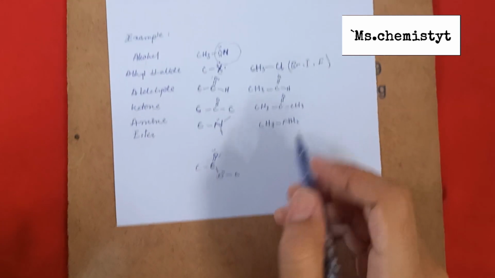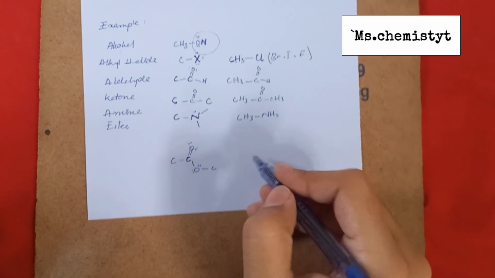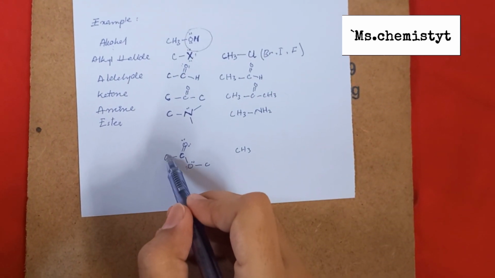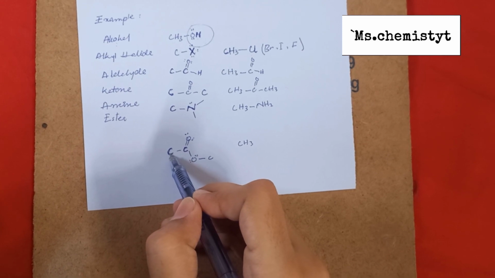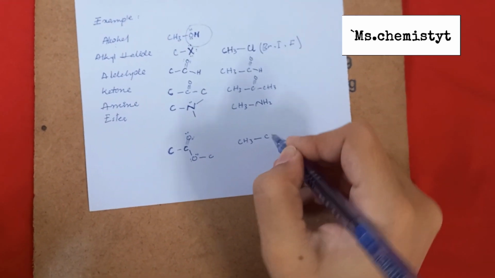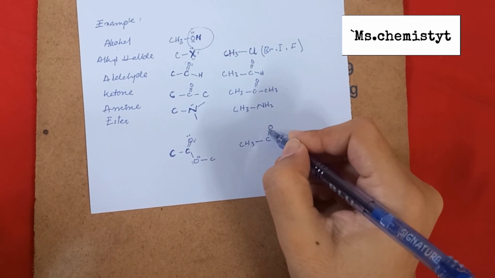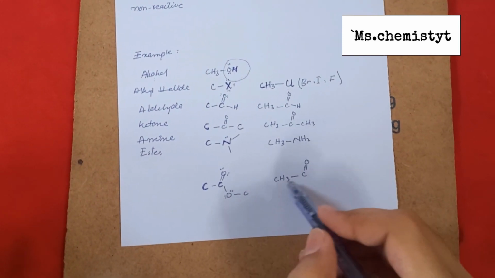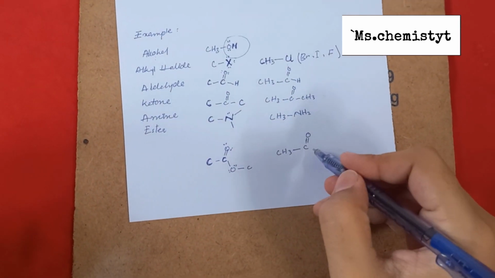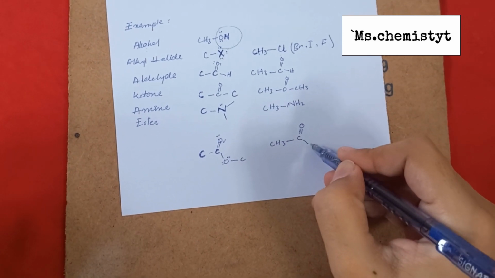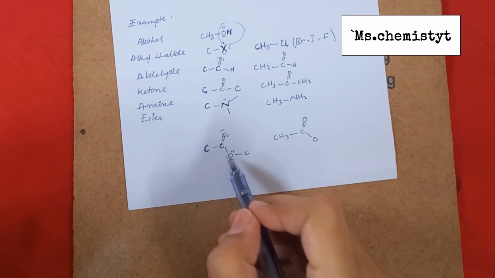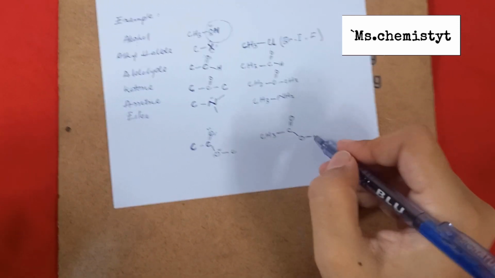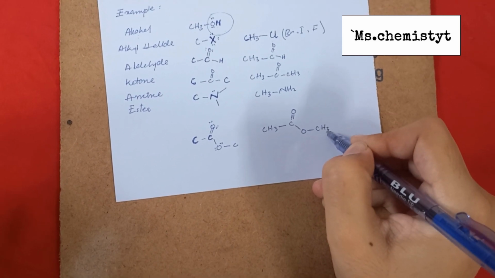If I write the example for the ester group, that will be CH3 as this alkyl group, bonded to carbonyl, and carbonyl will attach to oxygen as written here, and this oxygen will attach to another alkyl group that can be methane, ethane, propane, butane.